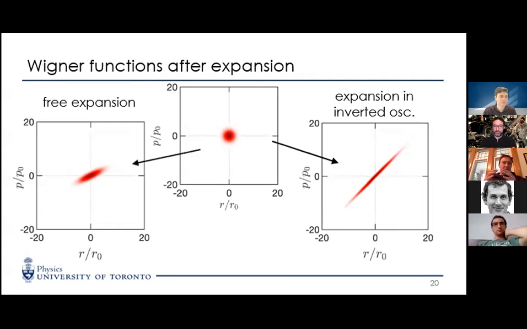So this is riffing off some of the earlier questions. I wonder, as a result of this process, if you can look at the degree to which you've excited your condensate from its scale invariant state.